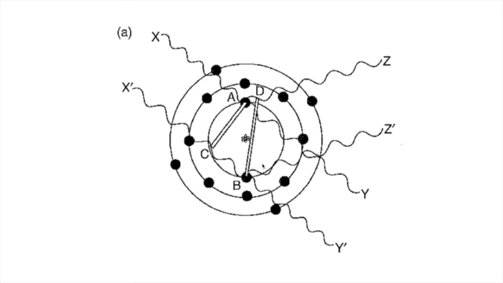The beam scattered by this electron results in the scattered beam Z. The one scattered by a different electron over here, at a different position relative to the nucleus, scatters to Z prime.